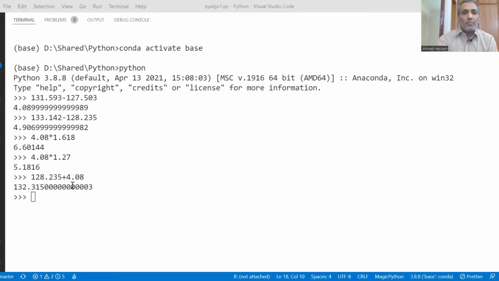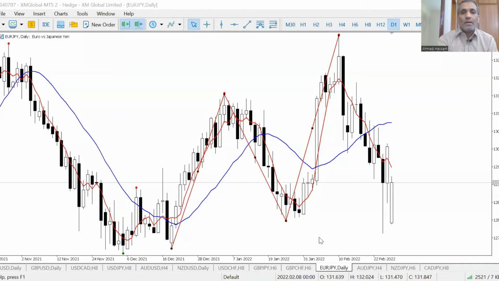So we add 4.08 to the C point, 128.235, so it's 132.315. So this is the price level where this pattern is telling us that price is going to reverse itself. So let's see on the chart. See, this is A, B, B, C. This is the C point and this is the D point.